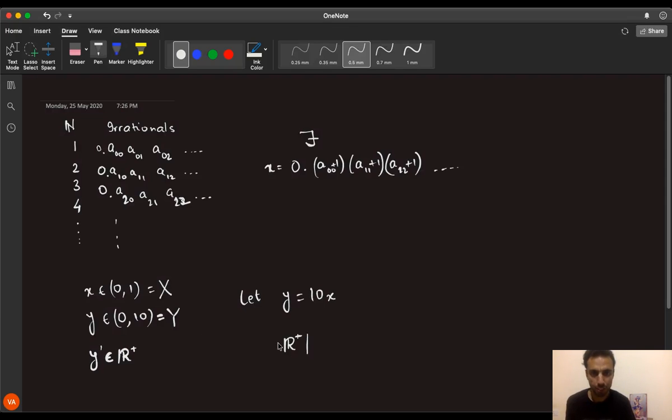The size of R positive and the size of X. Which one is bigger? Oh, I don't know why my pen is not moving properly. Is this bigger, or this is bigger, or they are equal?